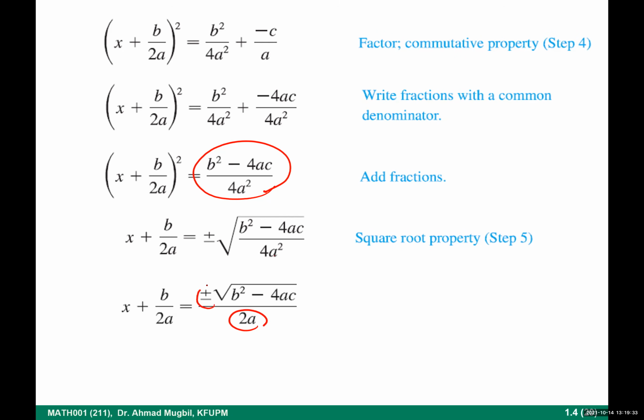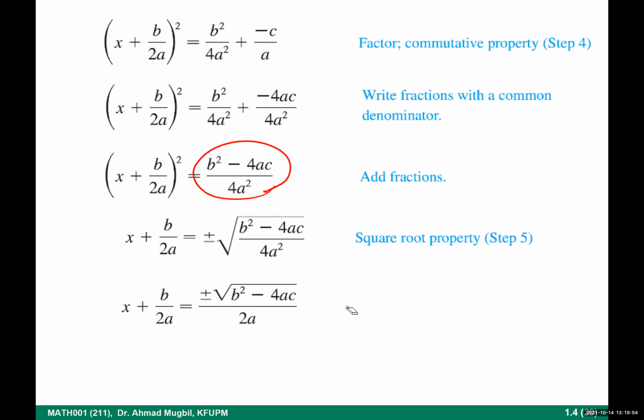In fact, the square root of a squared is the absolute value of a, which is positive or negative a at the end, depending on a. You could discuss two cases, when a is positive and when a is negative, but here we combine them together.